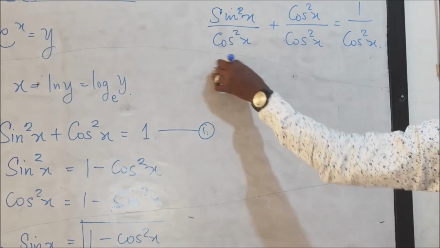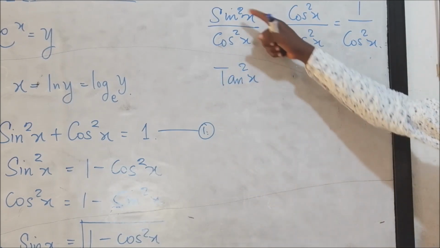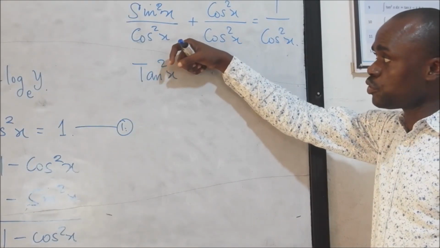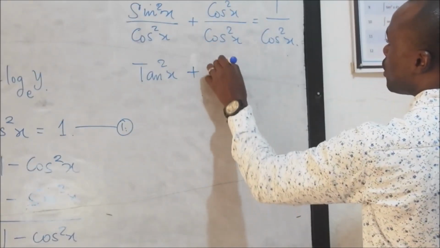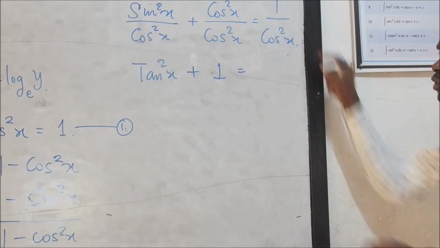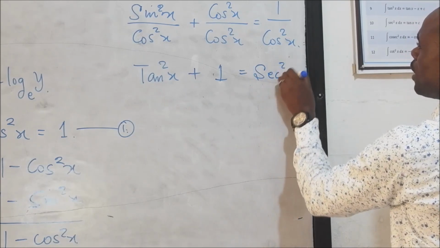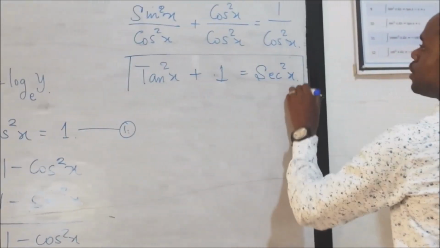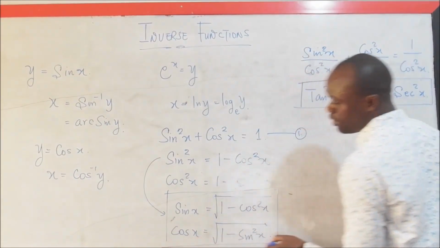Sine over cos, sine theta over cos theta, is equal to tan theta. So this is going to give us tan square x plus 1, and the reciprocal of the basic ratio cos is sec, so it equals sec square x. So take note. I'm going to be using this to do some derivation.